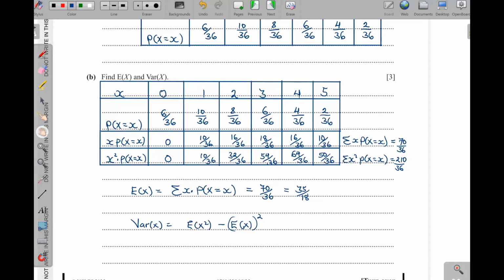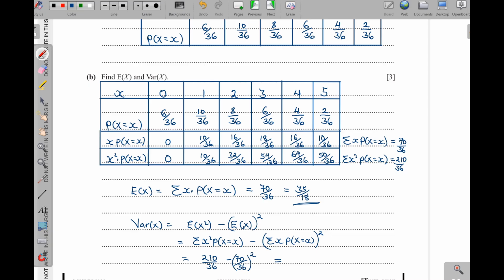And this one here is the summation of x squared times probability of x equals x, then minus the summation of x times probability of x equals x, then squared. So what do we have here? This is 210 out of 36, then minus 70 out of 36, then bracket squared.